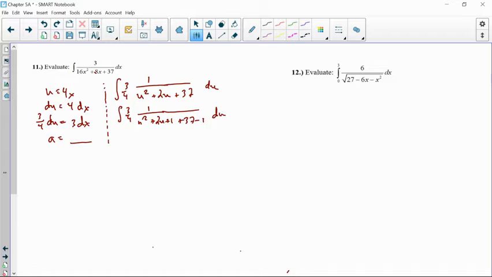So then I can see that's the integral of 3/4, and it's 1 over u plus 1 as a quantity squared plus 36. So now I can see my a value would be 6. So then when I do the antiderivative, I have 3/4, and it's going to be arctangent, which is 1 over a, and then arctangent of u, which is really u plus 1 over a, plus c.